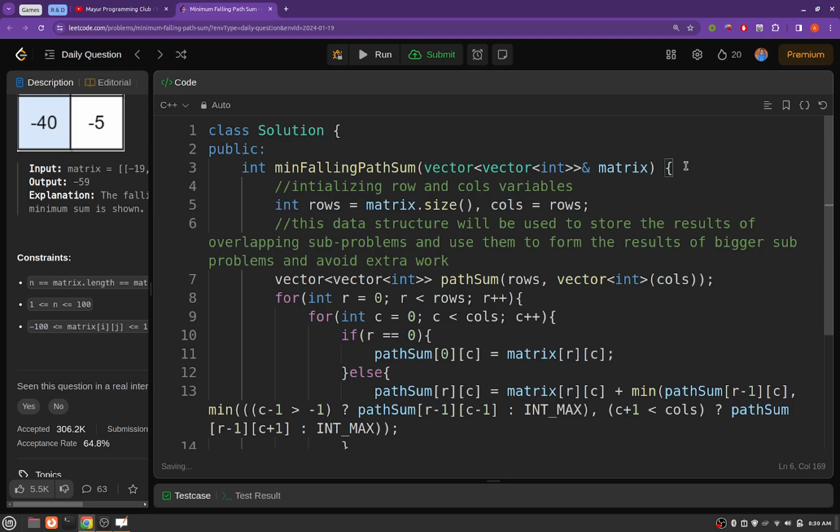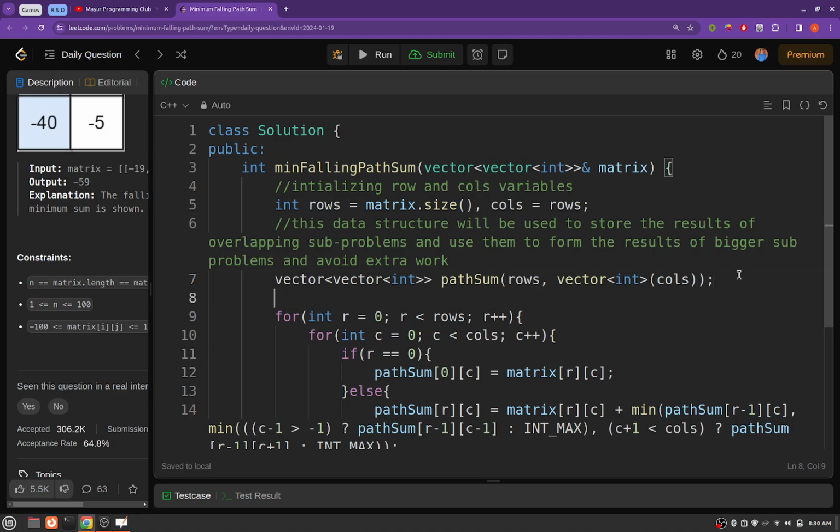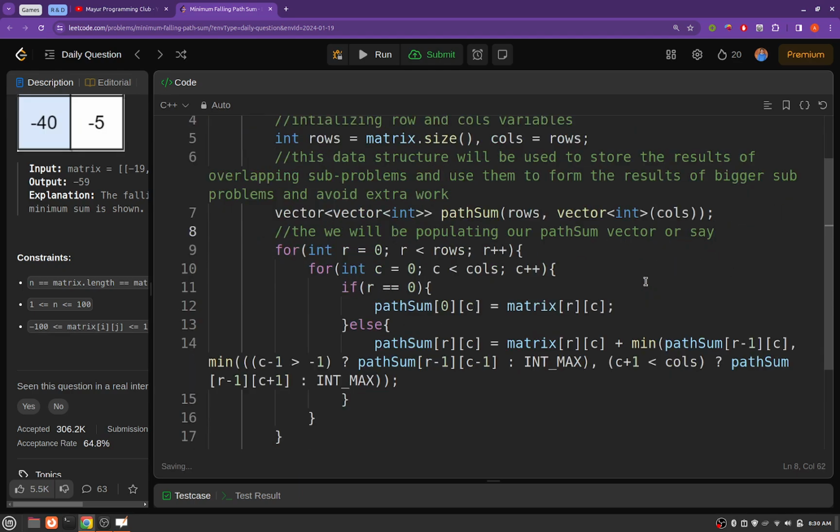And then we will be populating our path sum vector, or array, depending upon the language you are choosing.